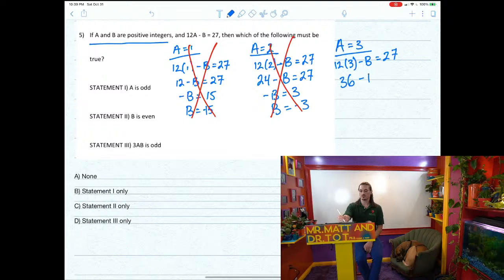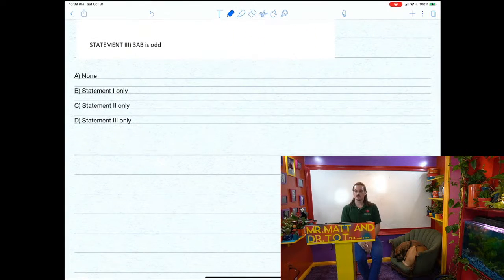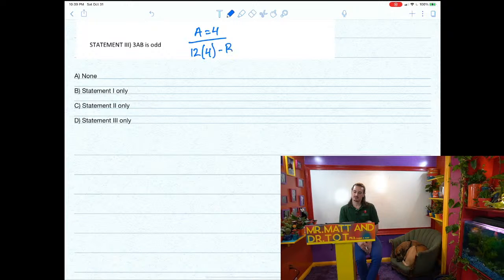If I continue this one more time just to check what would happen, if A is equal to 4, 12 times 4 minus B has to be equal to 27. 12 times 4 is 48, so we get 48 minus B is equal to 27. Subtracting 48 on both sides, 27 minus 48 is going to be negative 21.